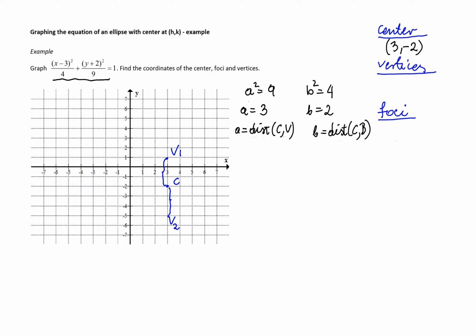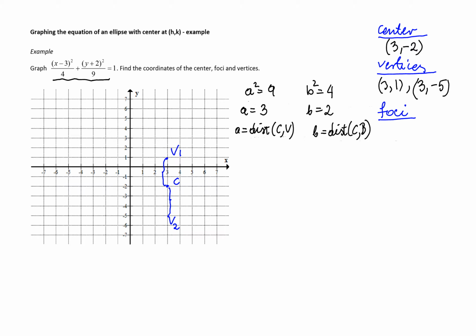And therefore we can write the coordinates of those vertices. Vertex v sub 1 has x coordinate 3 and y coordinate 1. Vertex v sub 2 has x coordinate 3 and y coordinate −5.